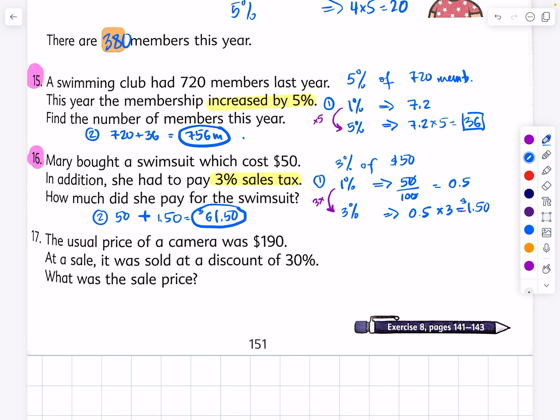Now, the next problem is number 17. We are at the bottom of page 151. The problem states the usual price of a camera was $190. At a sale, it was discounted 30%. What was the sale price?